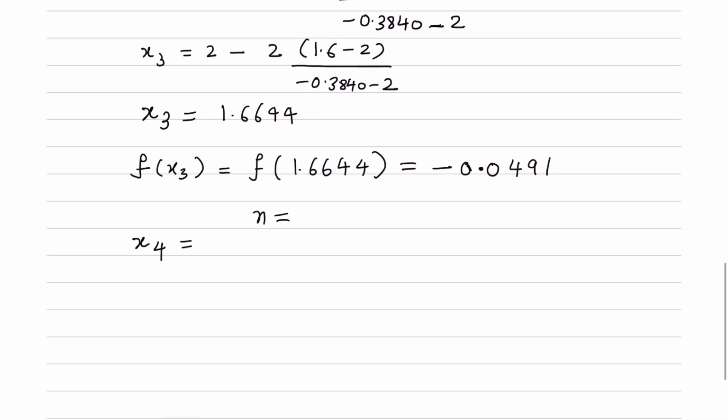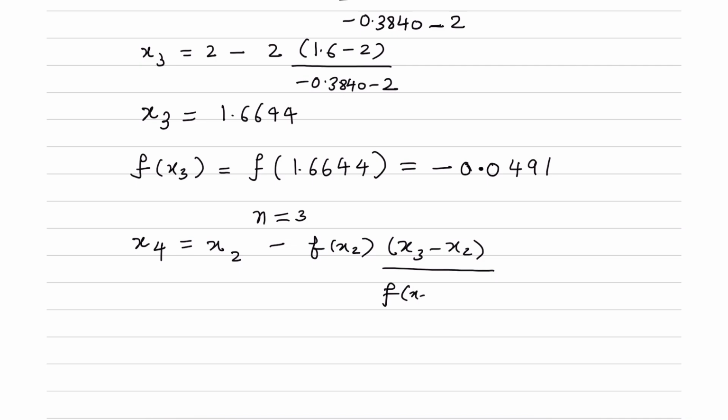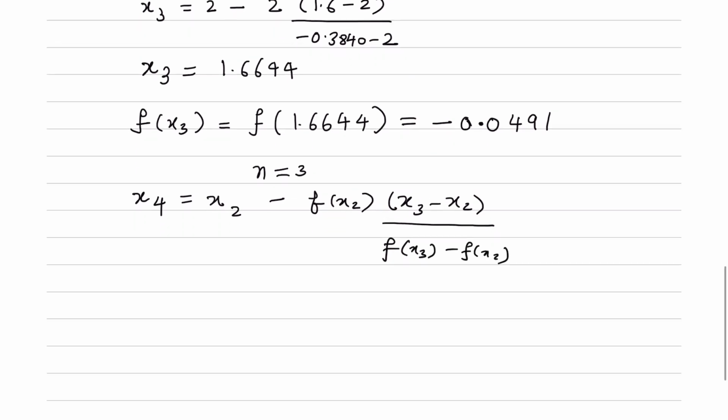So the formula for x4 is x2 minus f of x2 times x3 minus x2, whole divided by f of x3 minus f of x2.